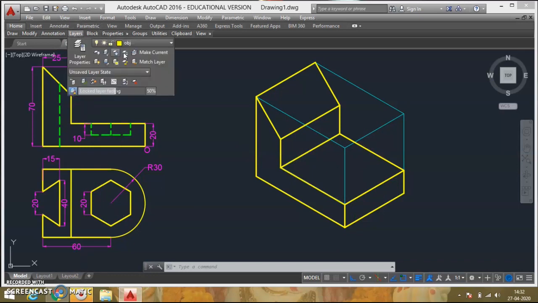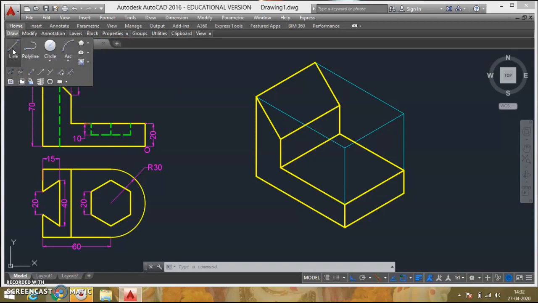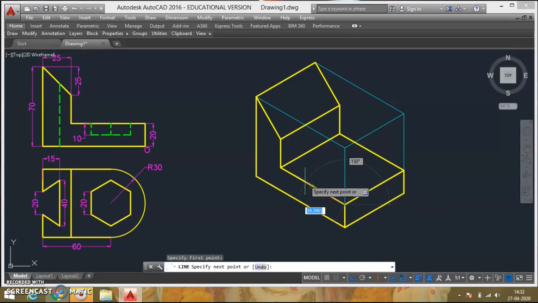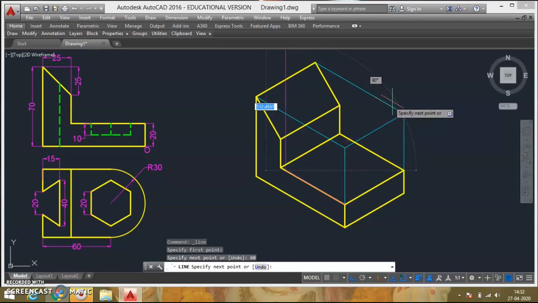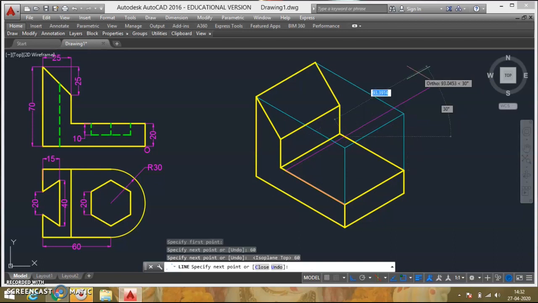So what I'll do is I'll get a layer here. From here I'll go on this side for 60 because the distance is 70. Then I'll go on this side for 60. Then on this side for 60.